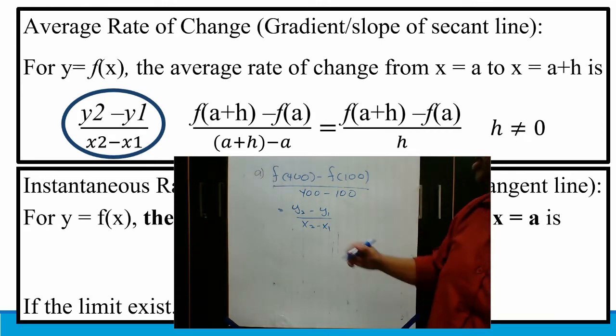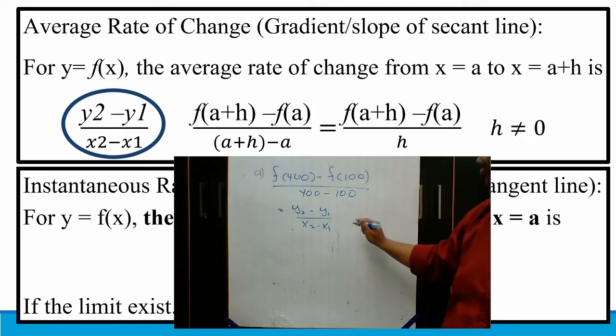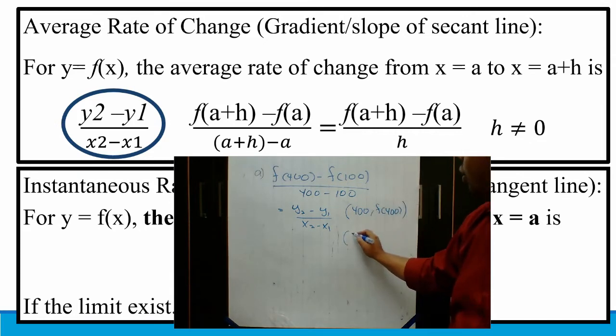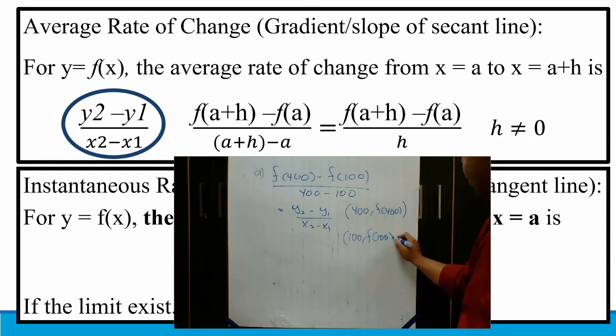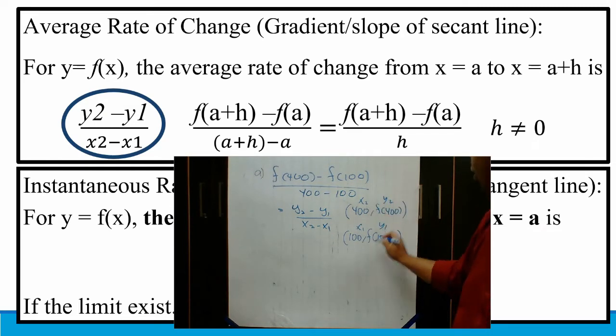You can see that the points are 400 and f(400), and the other is 100 and f(100), which is x2, y2, x1, y1.